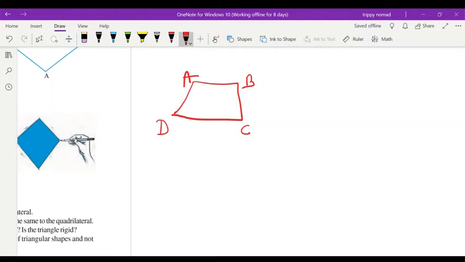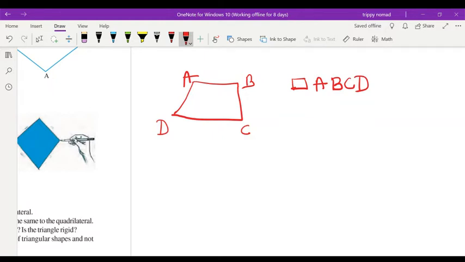So how will you write the name of the quadrilateral? Quadrilateral ABCD. Now children, my question, how many line segments are there here? There are four line segments. And can you tell me which line segments are there?